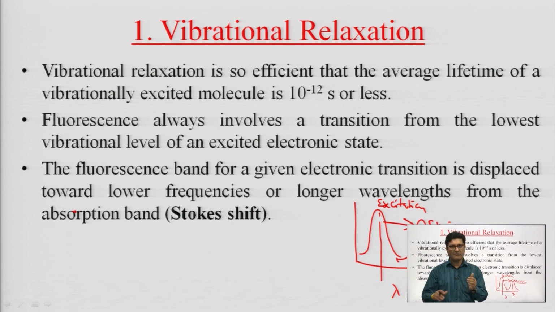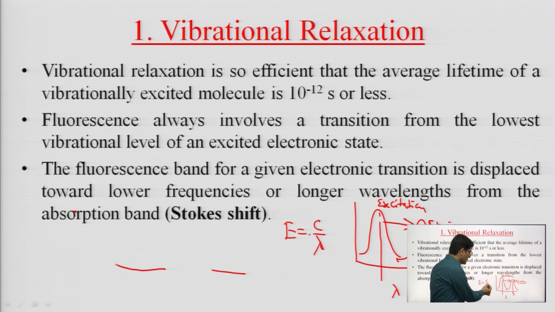So, this extra time spent by the electron from the upper vibrational level to the electronic level, then to the ground state, causes a loss of some energy, and we already know that energy is inversely proportional to the wavelength. So, if energy is decreasing, obviously wavelength is increasing, and this increase in wavelength is mainly responsible for the Stokes shift.